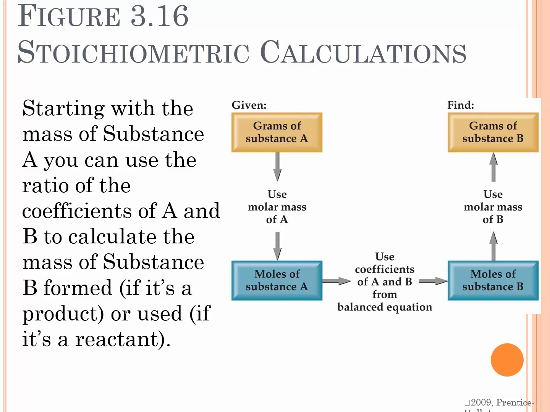So, given this, use the molar mass of A, convert it to moles, use the coefficients to convert moles of A to moles of B, and then use molar mass of B to convert moles of B into grams of B. If you understand this relationship, then you can solve any equation.